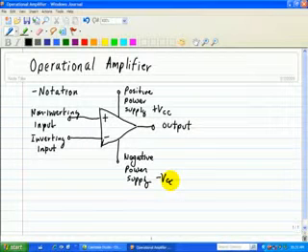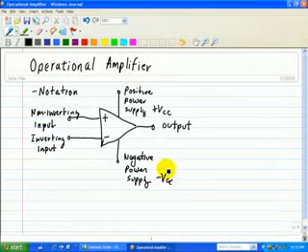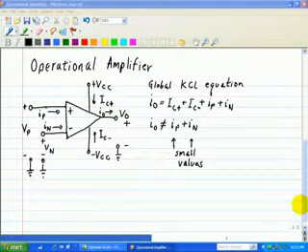The power required for signal amplification comes from these terminals, from an external power source. The plus VCC and the minus VCC voltages applied to these terminals also determine the upper and lower limits on the op-amp voltage output.